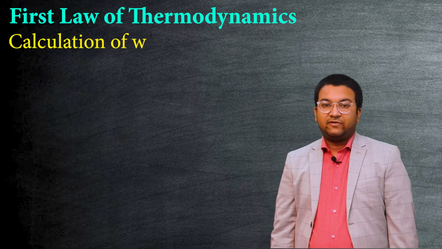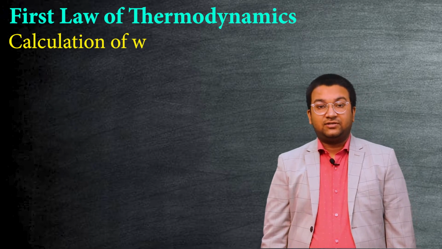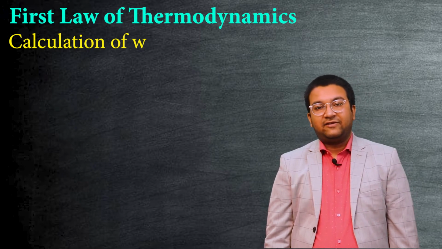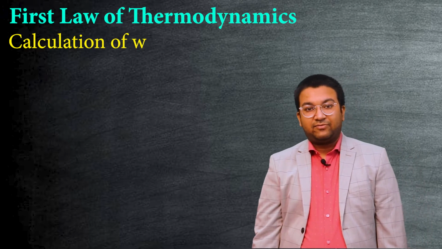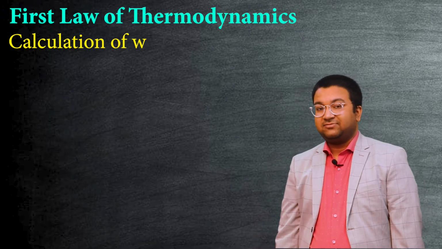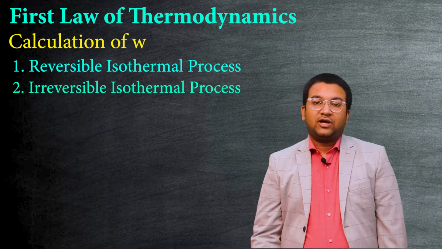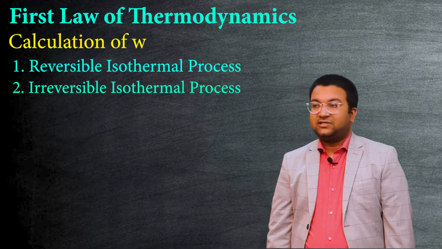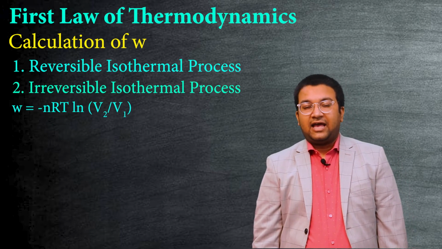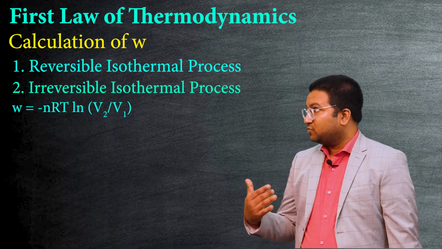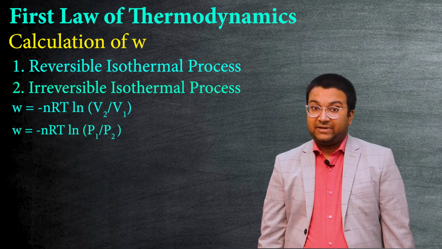The third one, however, is W, which is the work done. Now work done can be calculated in different ways. One is a reversible isothermal process, and another one is an irreversible process. According to the reversible isothermal process, W can be written as minus nRT ln V2 upon V1, and in that case we can also use minus nRT ln P1 upon P2.